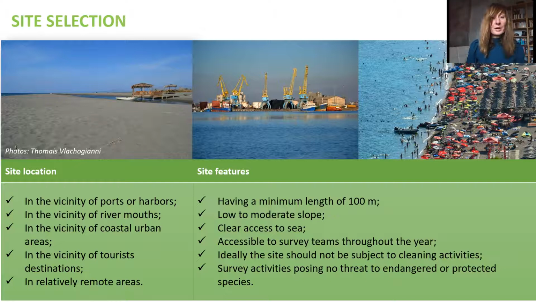First of all, they have to have a minimum length of 100 meters, to have a low or moderate slope, a clear access to the sea, and to be accessible to the survey teams throughout the years. Ideally, the survey sites should not be cleaned, and the survey activities should not pose any threat to endangered or protected species.